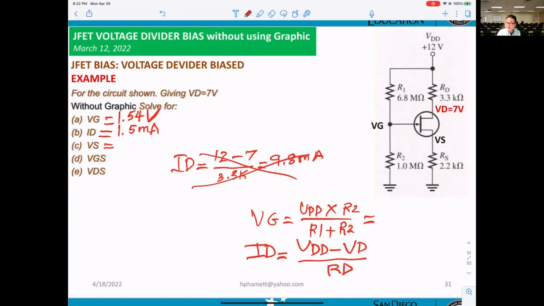Next, VS. 3.3 volts. 3.34. Okay, one answer will be 3.3 volt. So just tell me what you get, if different.